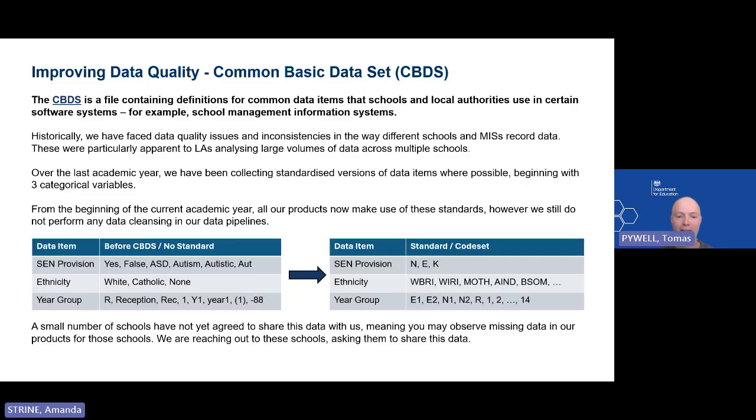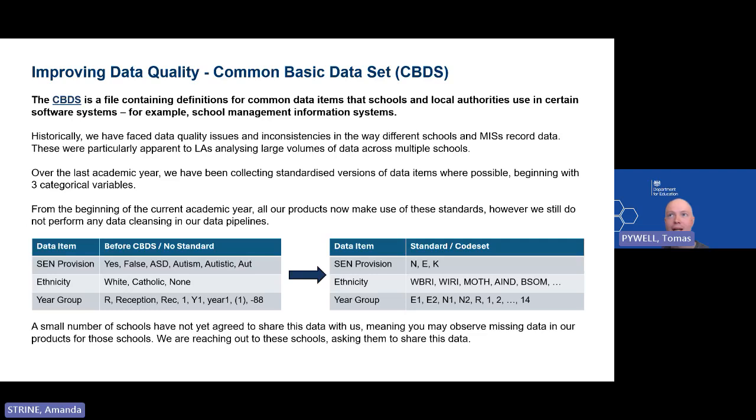Another benefit here is that there are some invalid values in the table on the left. So -88, for example, for a year group. This isn't benefiting from standardization across your MISs and schools, but it should benefit from actually using a standard value that's interpretable to yourselves as well as the DFE.